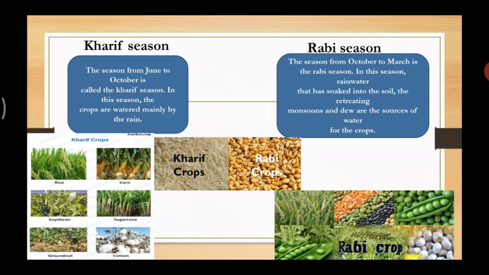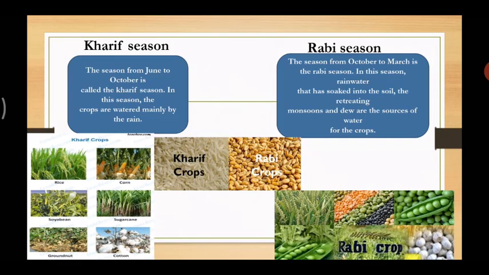Next is agricultural seasons. As we have different seasons like the summer season, rainy season, and the winter season, similarly, for agriculture, too, we have different seasons. They are called the Kharif season and the Rabi season. So the Kharif season starts from June to October.